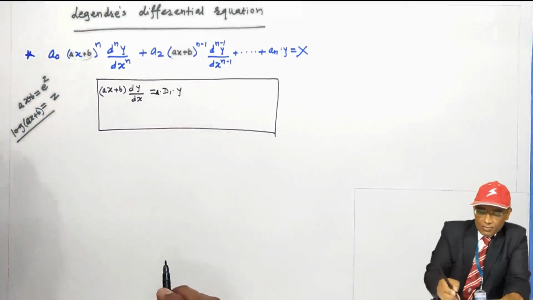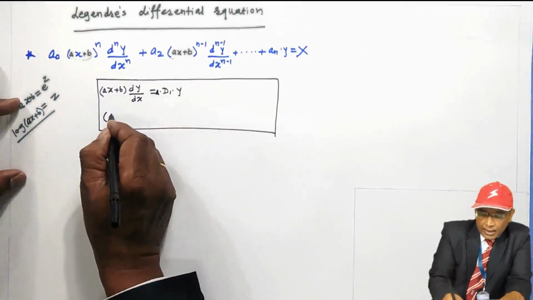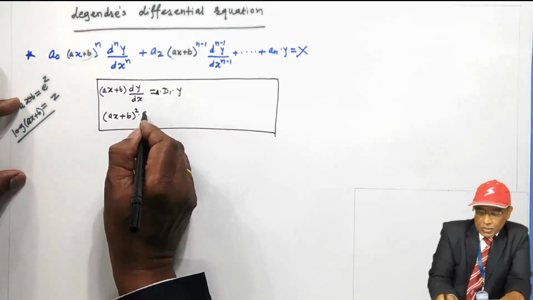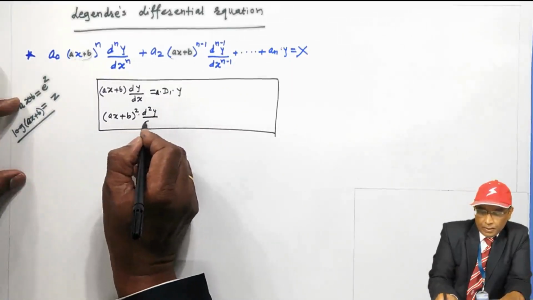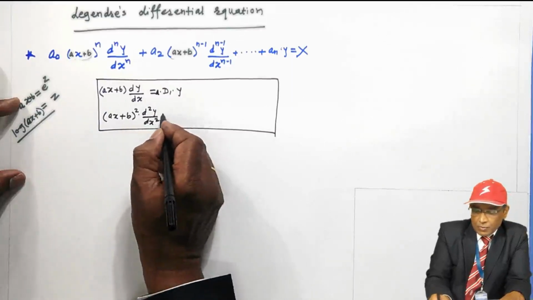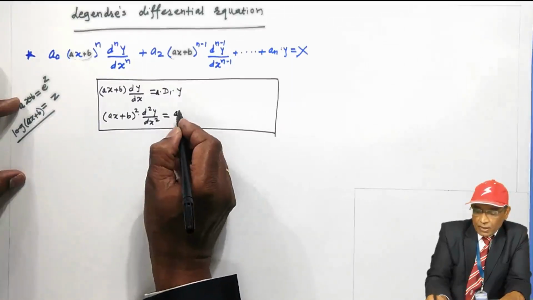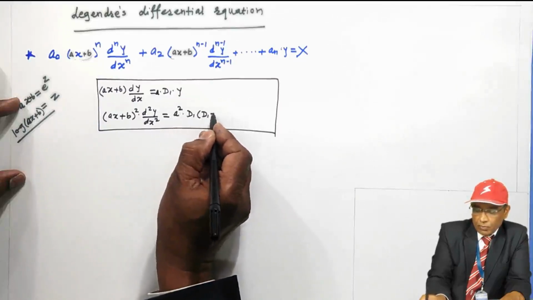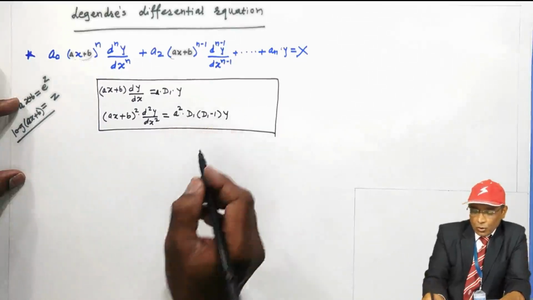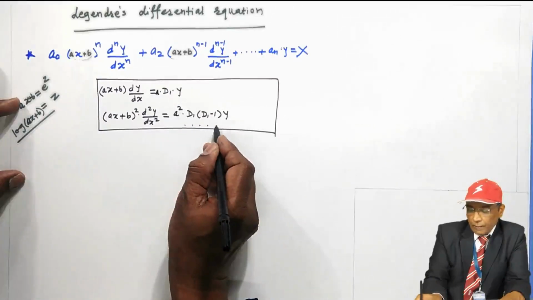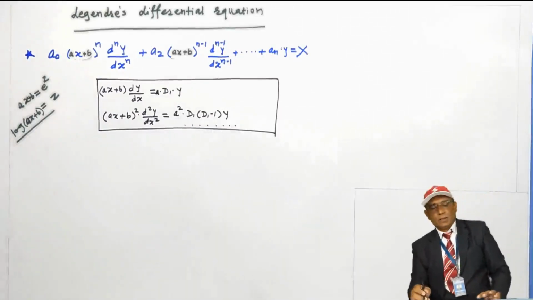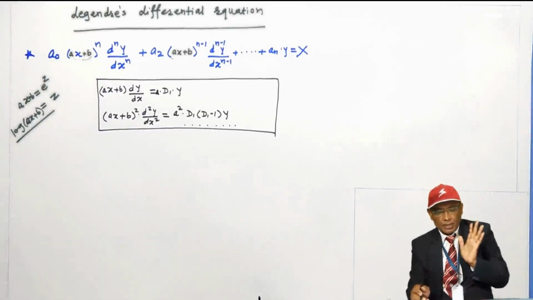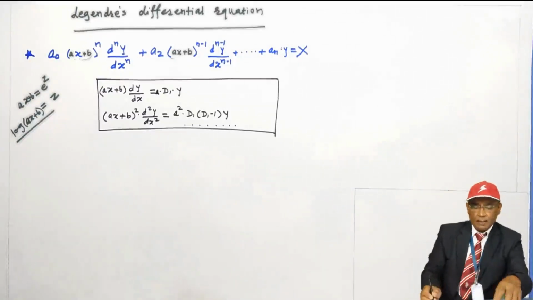Okay, this is the significant difference. (ax plus b) square d2y by dx square is replaced by a square d1 (d1 minus 1) y, and so on and so on. Okay, the only difference is x and ax plus b, that's all. The procedure is exactly the same.